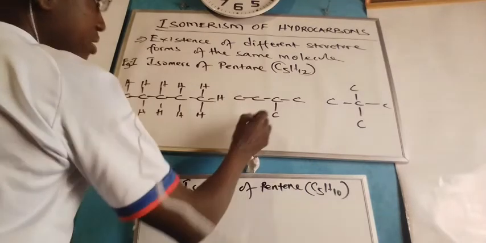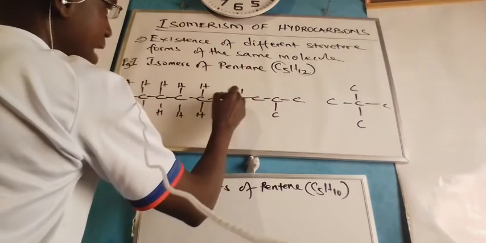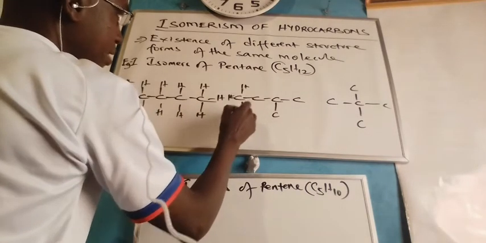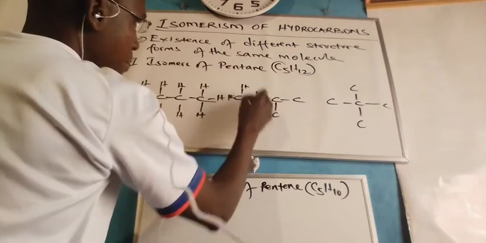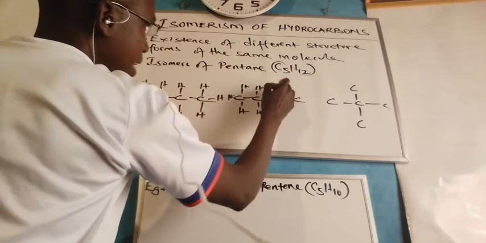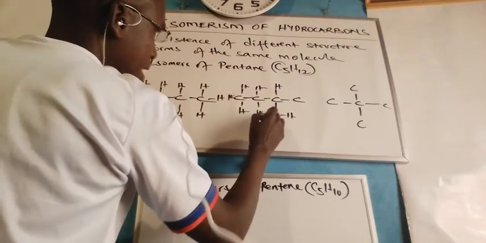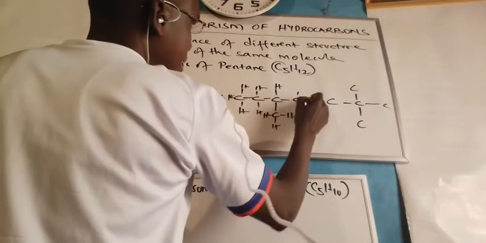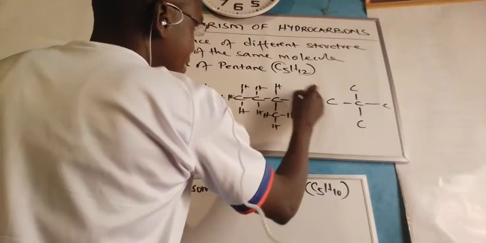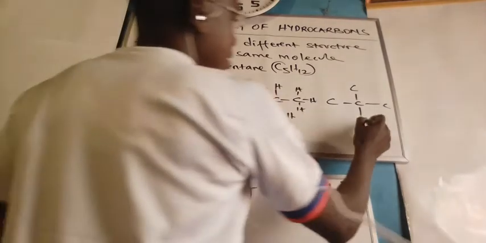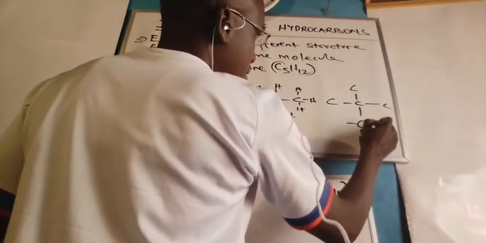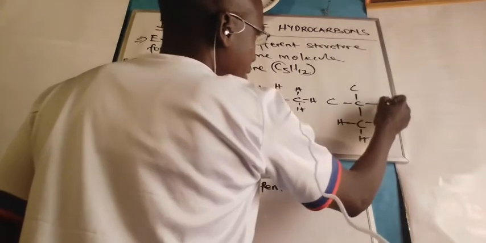For the second species, the same rule will be applied of having 4 bonds around each carbon. And as we do that comprehensively, we find that the displayed formula shows a marked disparity from the first one. The third one, the sequence continues, carbon rule, 1 carbon, 4 bonds around it.